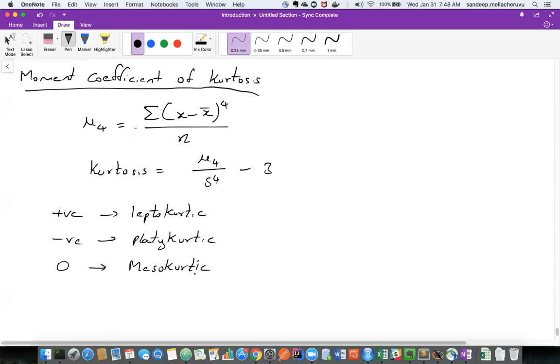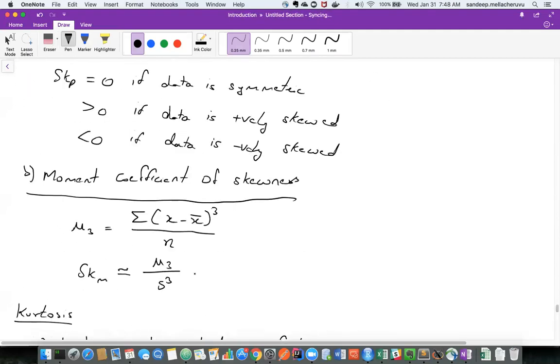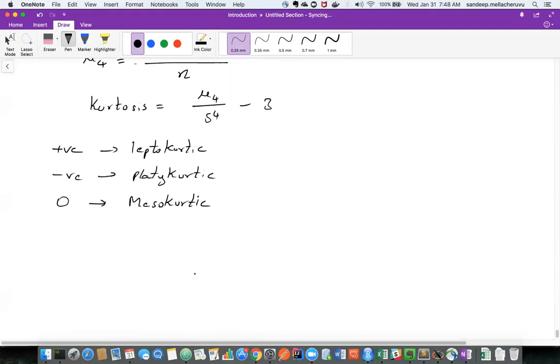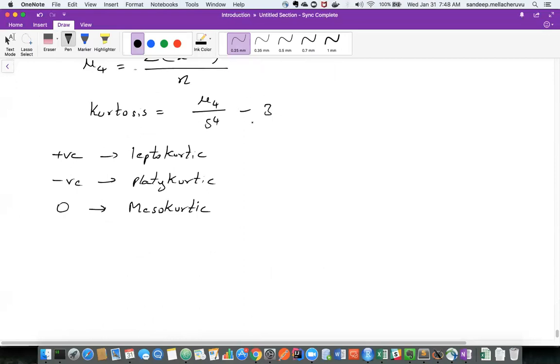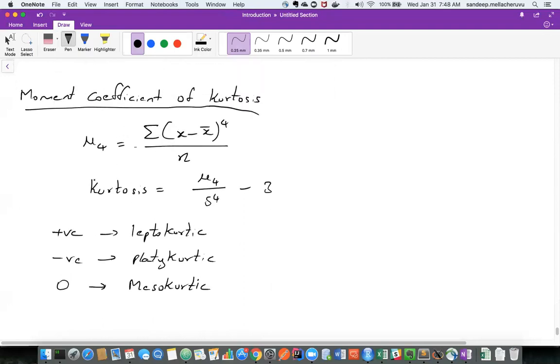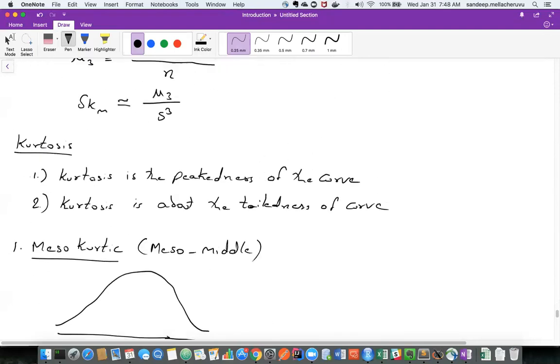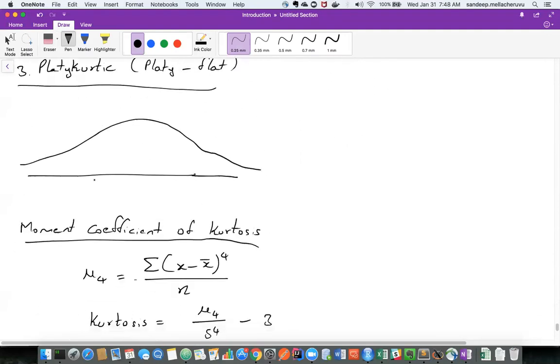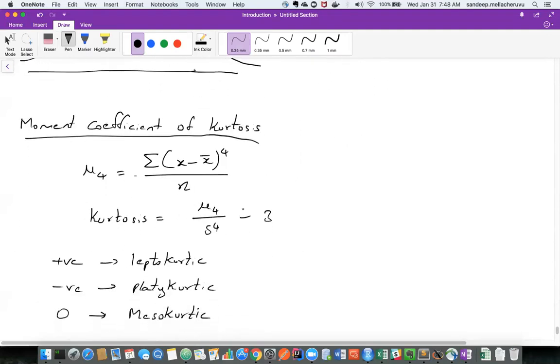Is that clear? The interpretation is exactly the same. Now the problem with this 3: if you don't have this 3, instead of positive I have to say greater than 3, less than 3, equal to 3. So instead of having different interpretations between skewness and kurtosis, it's better you have this minus 3, and based on this you can have leptokurtic, platykurtic or mesokurtic.